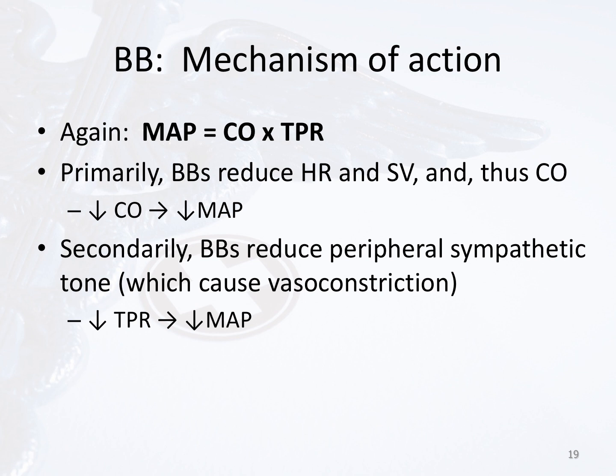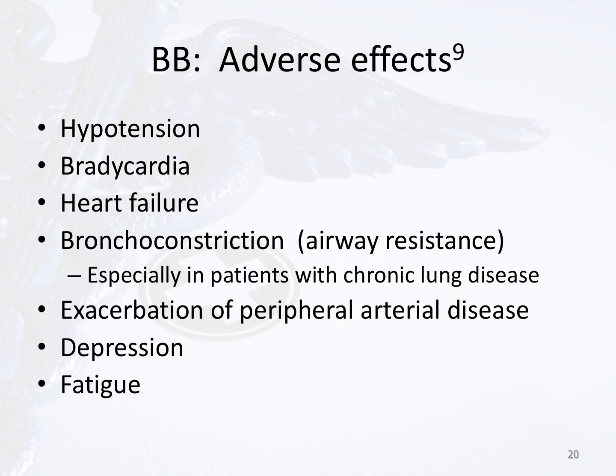Secondarily, beta blockers can reduce the sympathetic tone, which results in vasoconstriction. Therefore, as beta blockers decrease total peripheral resistance, they also decrease mean arterial pressure. Beta blockers can have a wide range of adverse effects, including, again, hypotension.